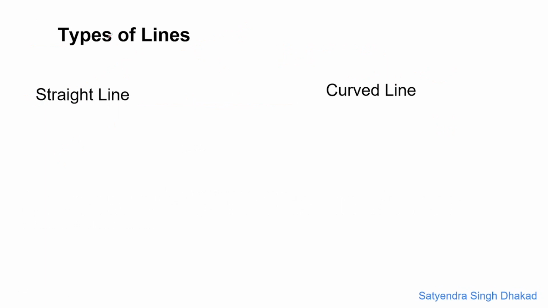Types of lines. First one is a straight line. Second one is curved line. What is a straight line?